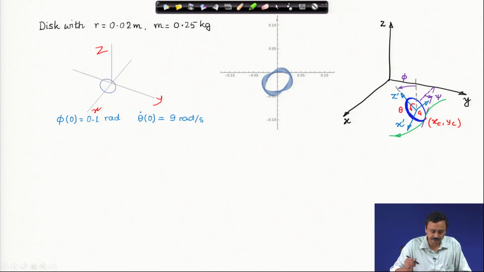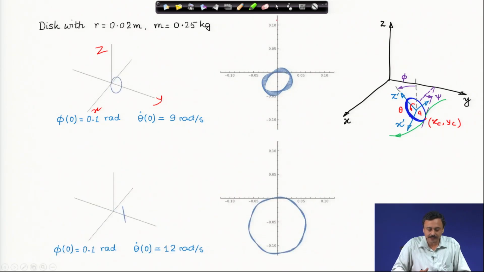I have another simulation with a slightly higher spin rate, and now you will find that it is getting closer to a circle. The xy plot is getting closer to a circle, which means what? The spin rate that I have given and the tilt that I have given are not conducive to pure rolling with constant tilt.